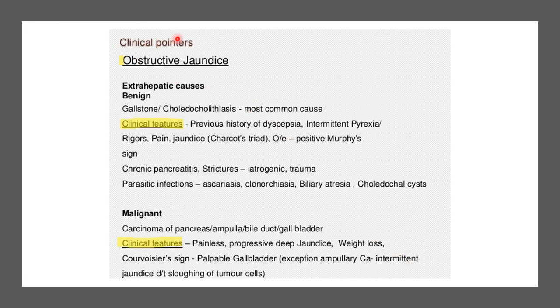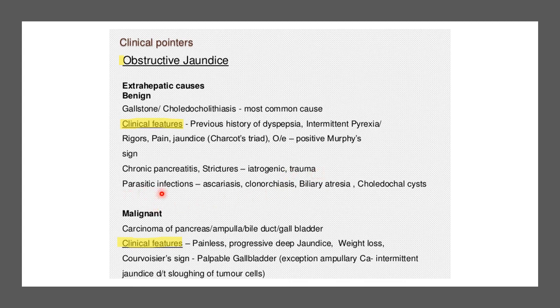These are the clinical pointers that you must look for in your patient. For extrahepatic causes of obstructive jaundice, look for a previous history of dyspepsia, intermittent pyrexia, rigors, pain, jaundice, Charcot's triad, and on examination Murphy's sign. Other causes include chronic pancreatitis, strictures of the bile duct, and iatrogenic causes such as post-operative strictures of the bile ducts or trauma.